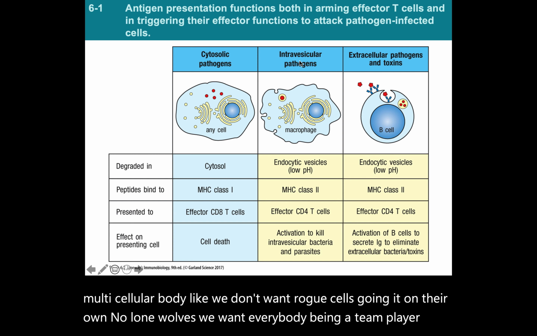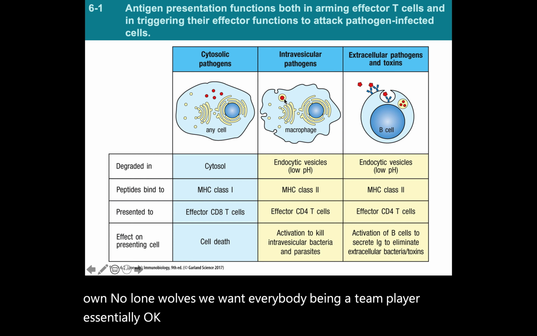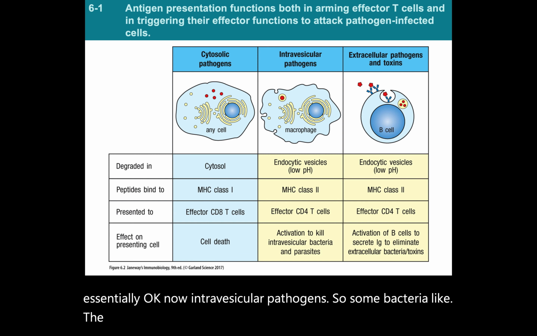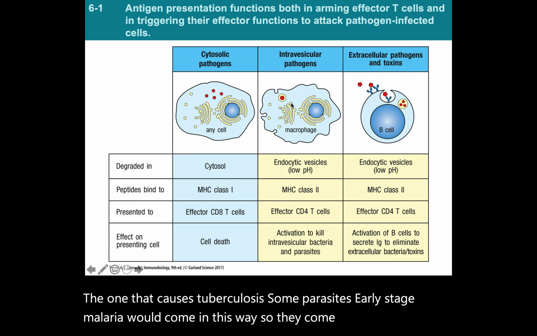Now, intravesicular pathogens. Some bacteria, like the one that causes tuberculosis, and some parasites, like early stage malaria, would come in this way. They'd come in inside of a little bubble.